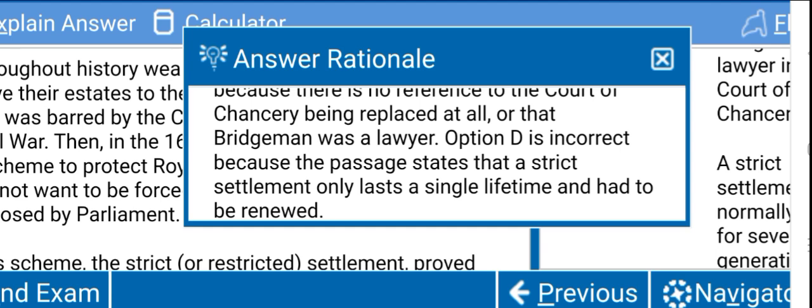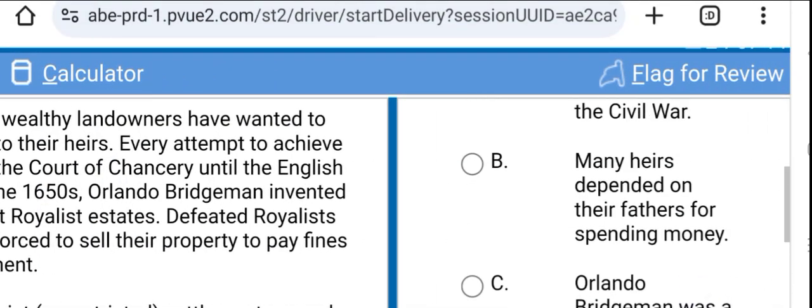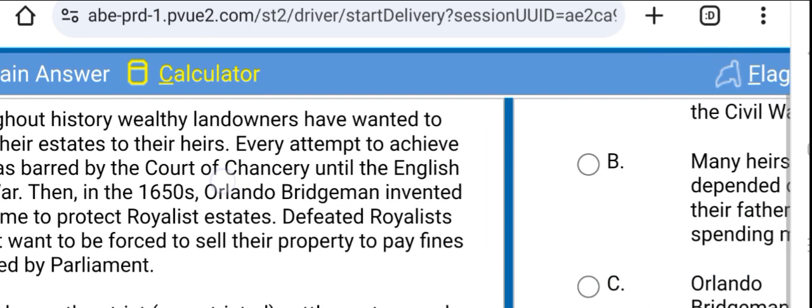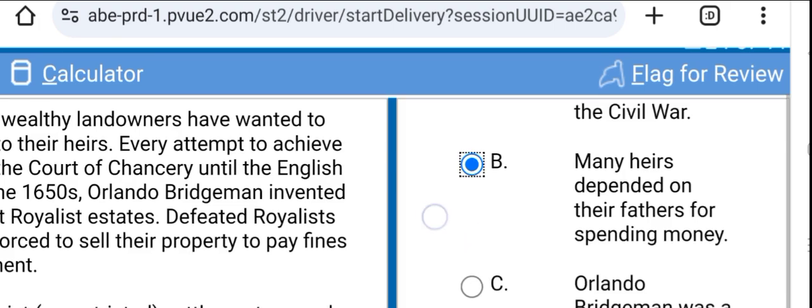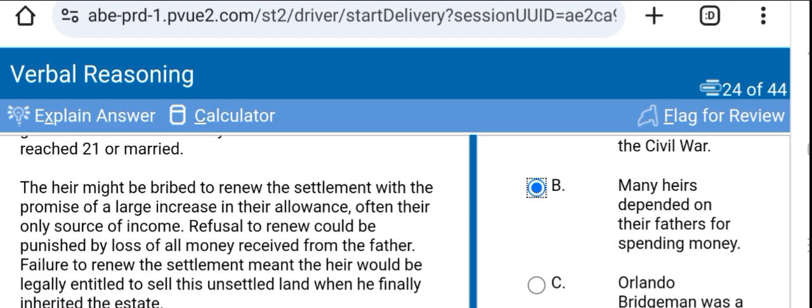Option D is incorrect because the passage states that a strict settlement only lasts a single lifetime and had to be renewed. So here we have option B is the correct option, that many heirs depended on their fathers for spending money.